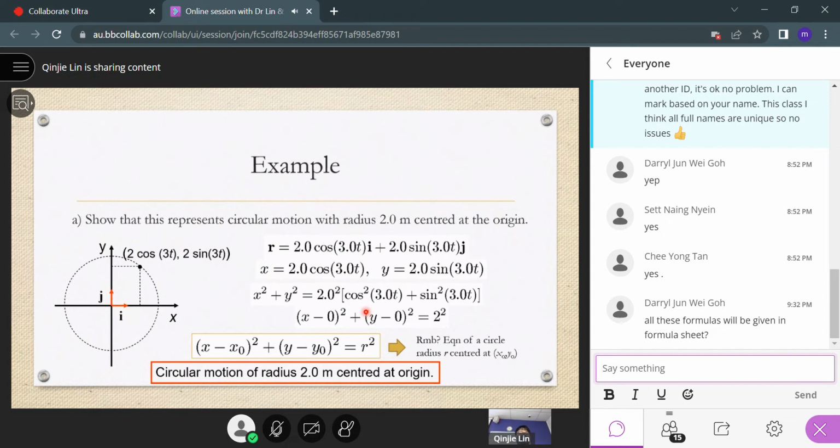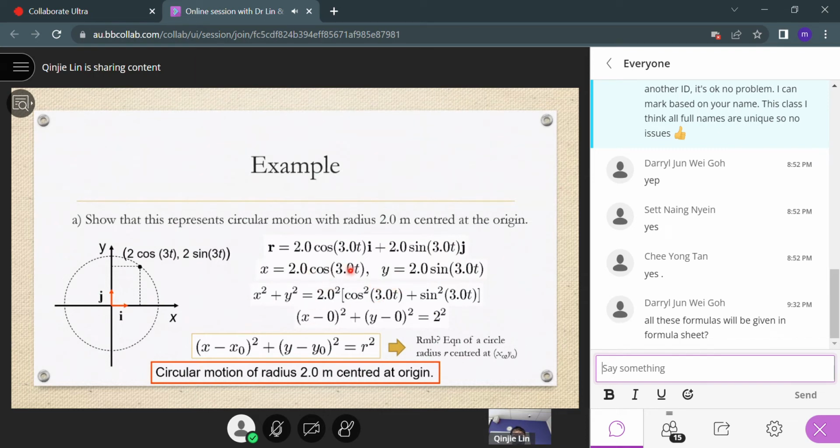Remember, the general formula for circles is x squared plus y squared equals something squared, which is your radius squared. So if you compare to that, you have your x here, then you have your y here. You square this part, and then you square this part. You add them together, and then you see whether it ends up as a very nice circle formula.